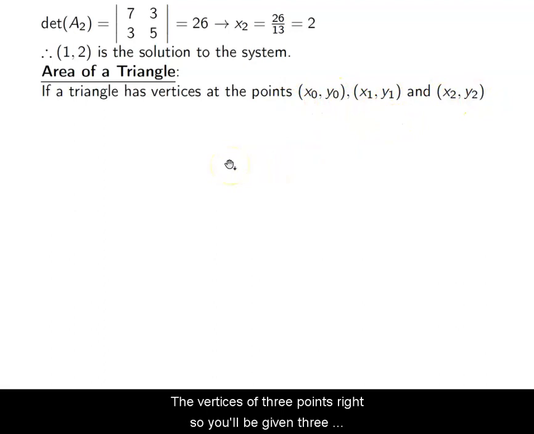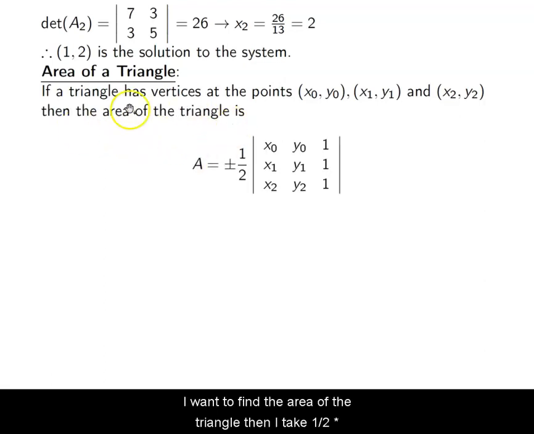So you'll be given 3 points, and those 3 points are the points of your triangle. If I want to find the area of the triangle, then I take 1/2 times the determinant of my points being vectors: x0, y0, x1, y1, x2, y2. And I need it to be square, so I'm going to put a 1 in the last column.